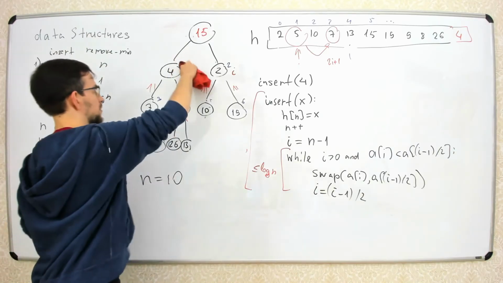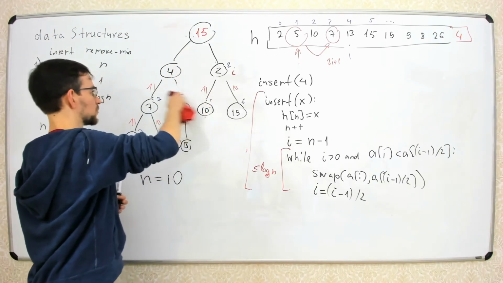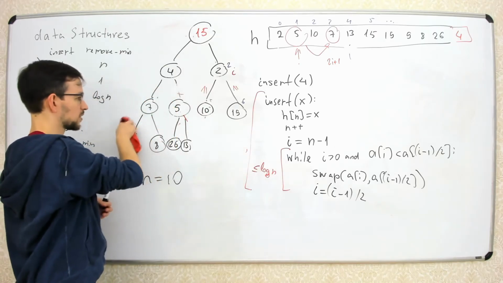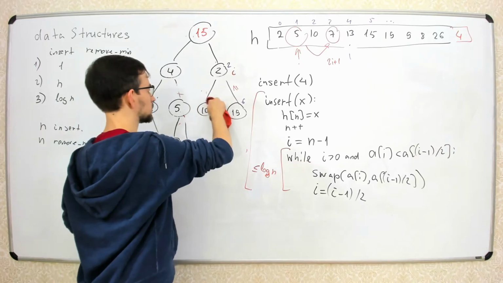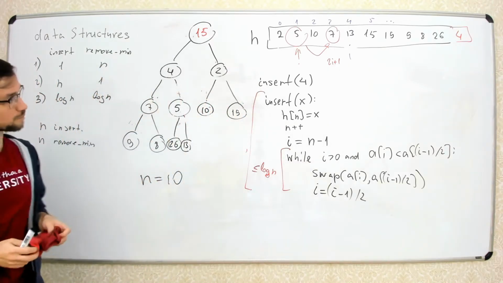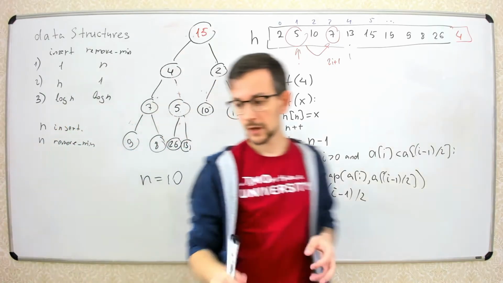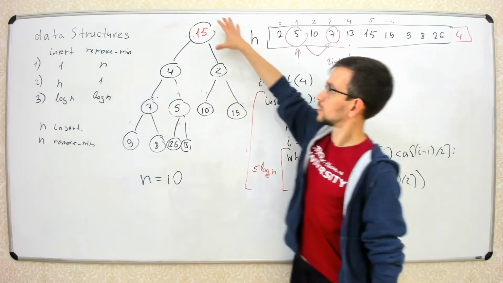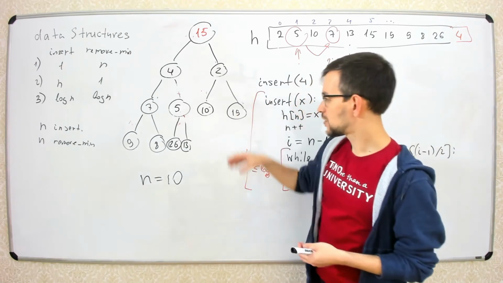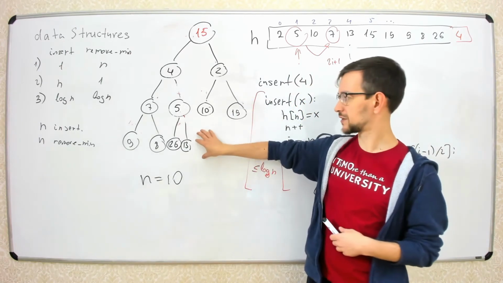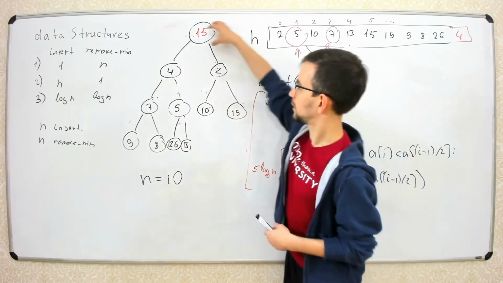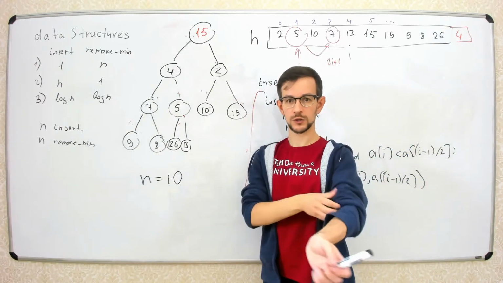I just remove everything unnecessary to keep the picture simple. So we removed the minimal element, which was in the root of the tree, and replaced it with the last element. We take this last element from the bottom layer and put it in the place where the root was.